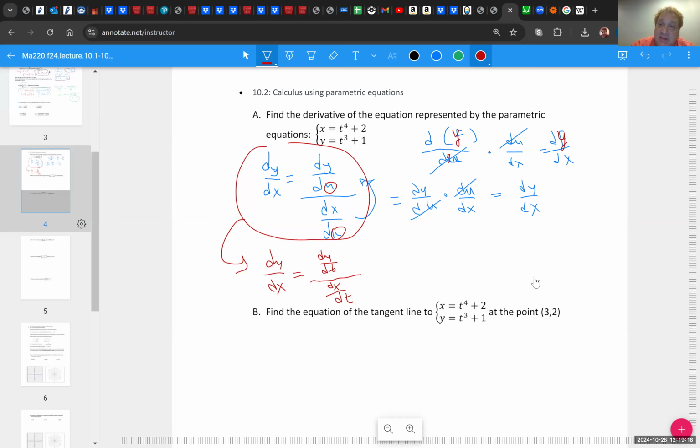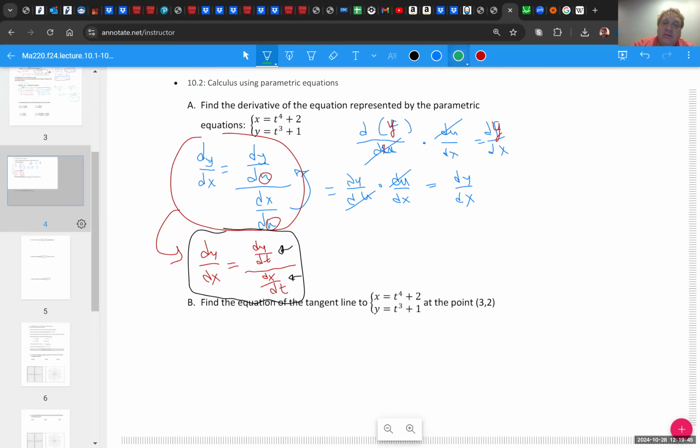But this, my friends, is the formula you will find in the book with how to find dy/dx if you know y in terms of a parametric variable like t, and x in terms of the parametric variable t. So we have x in terms of t and y in terms of t. All we have to do is find dy/dt and dx/dt, and we could fill it in to find dy/dx. All right, let's go ahead and do that.